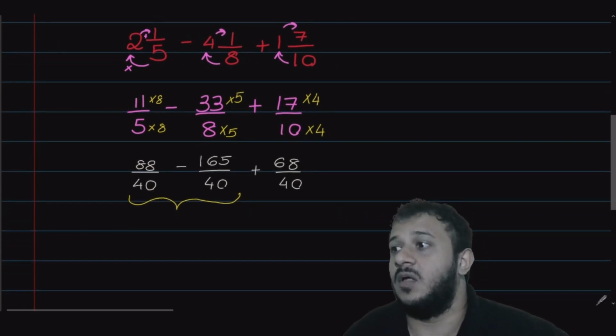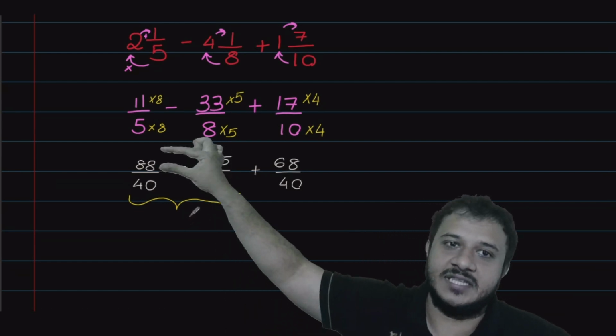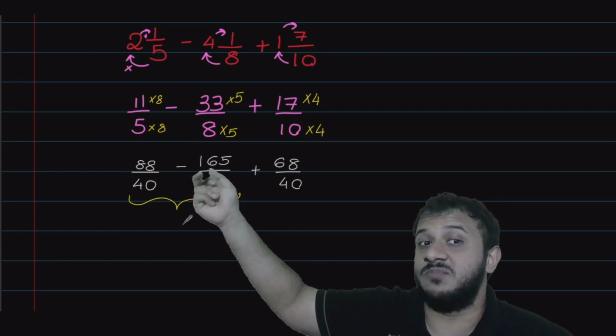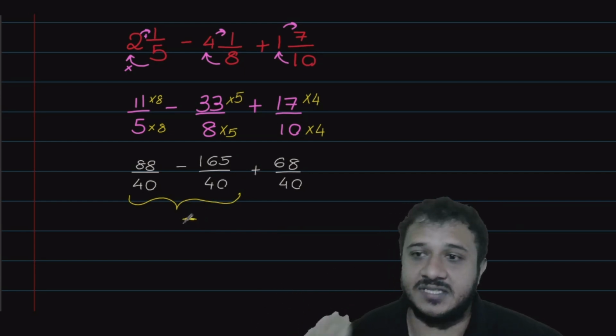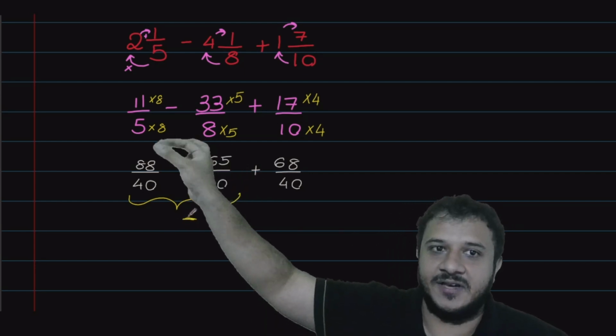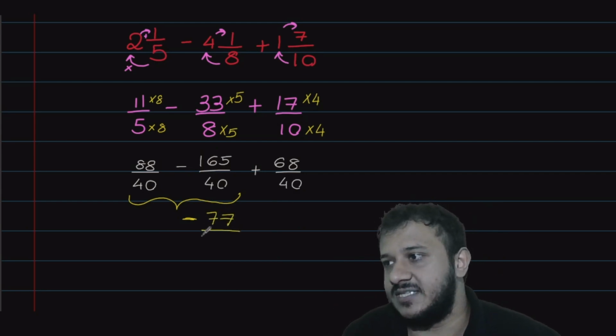Minus 77. Alright, let's have a look. This is a positive, this is a negative, but this one is more negative. 165 is a negative, so the answer is negative. That's correct. Then 165 take away 88 is 77. Very good, that is the answer indeed.